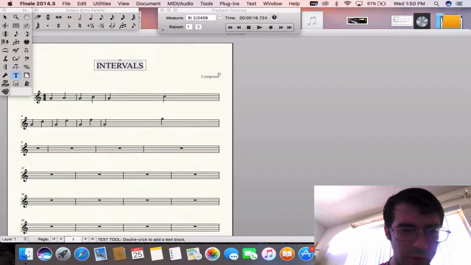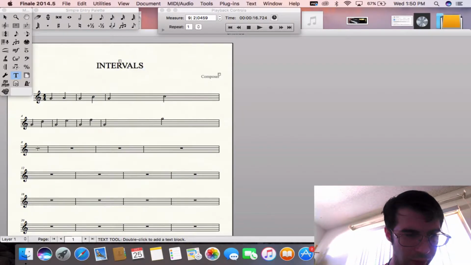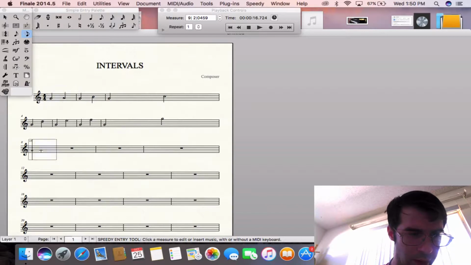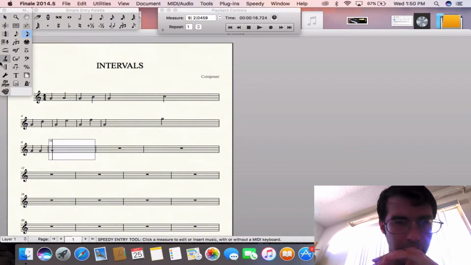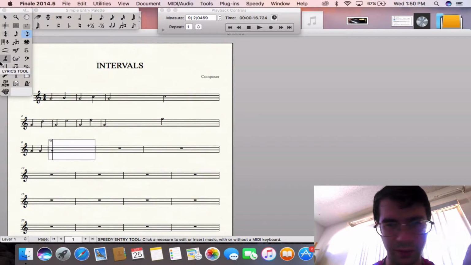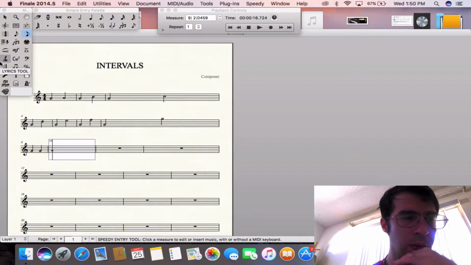And there are several different types of intervals, from the unison, which is just one note, the same note. So if we were going to go down here, that would be our unison. It actually is the same note twice.